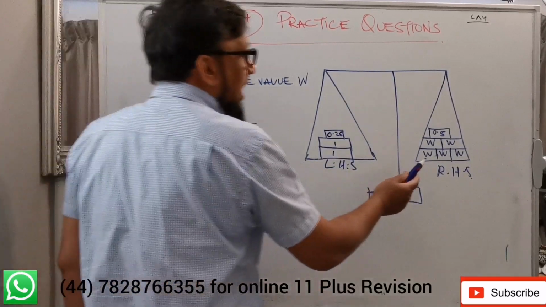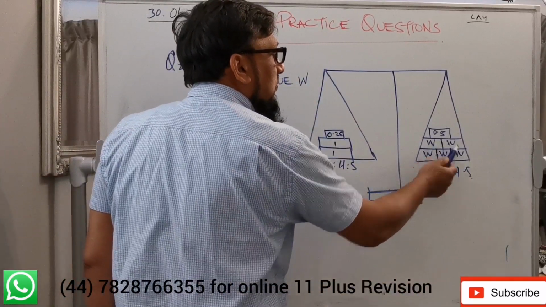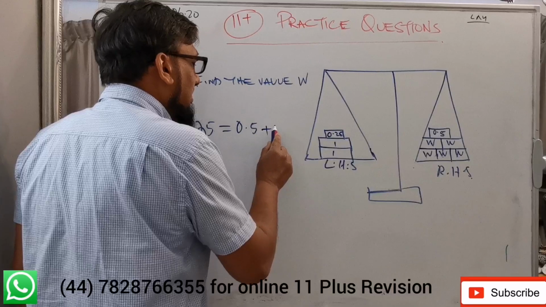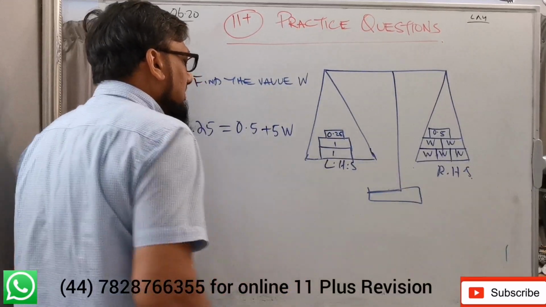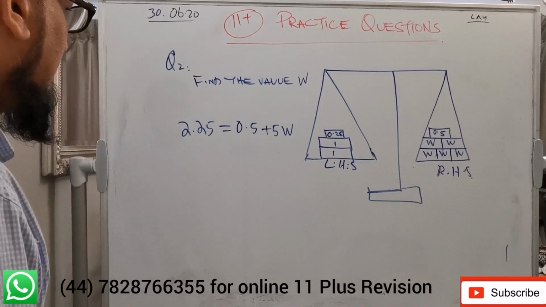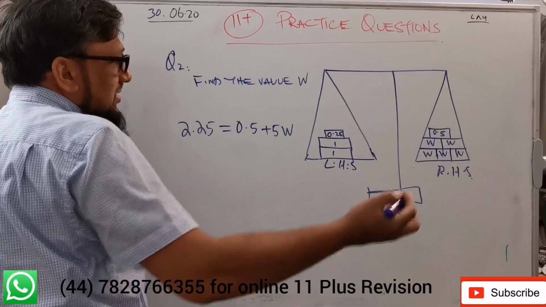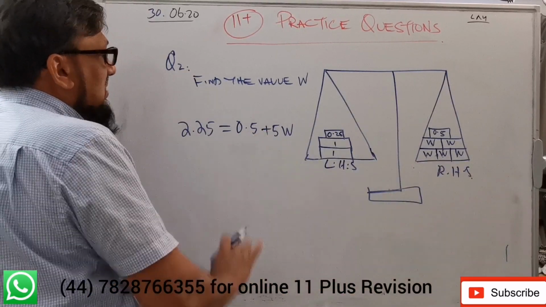And we need to check how many W's there are: 1, 2, 3, 4, 5. So I can write plus 5W. How can we work this out? You can simplify, same as for the last one, okay?